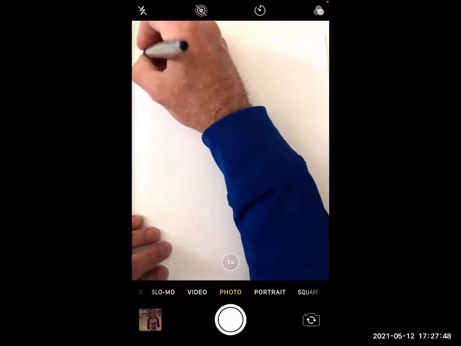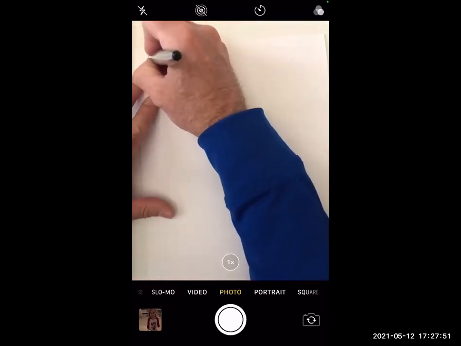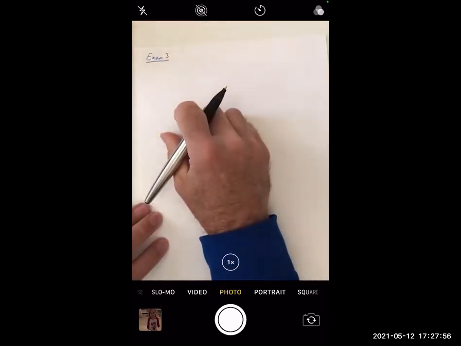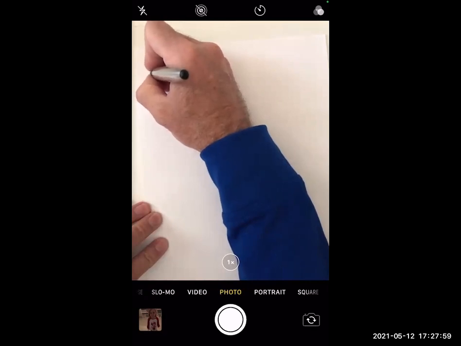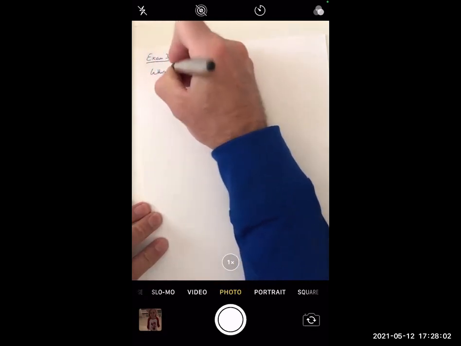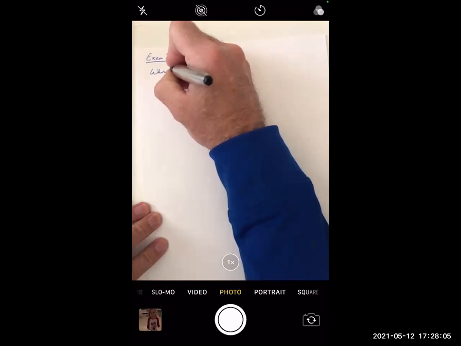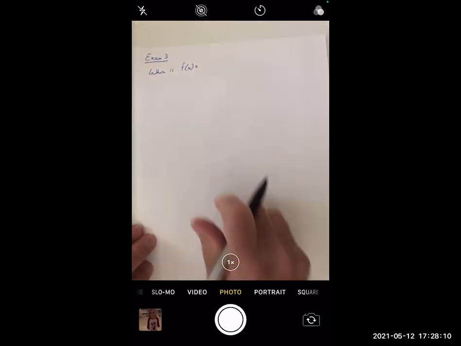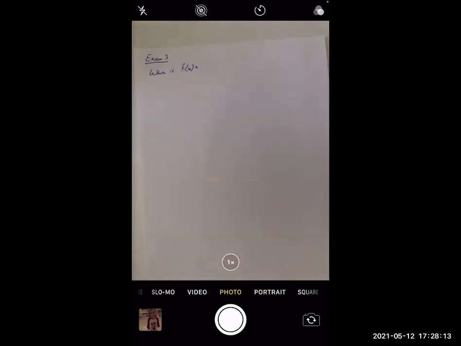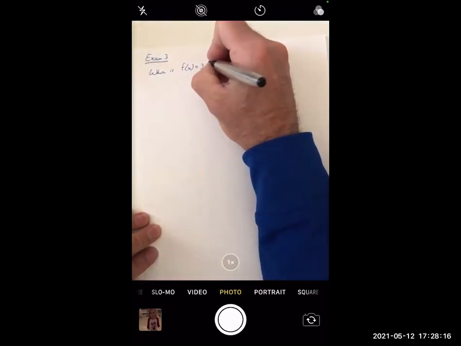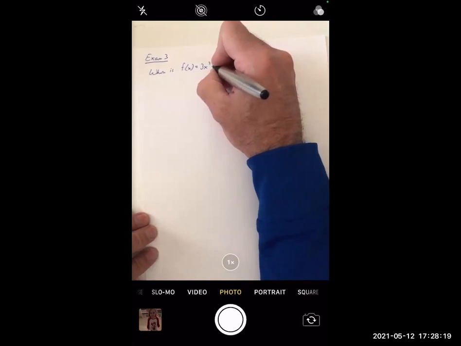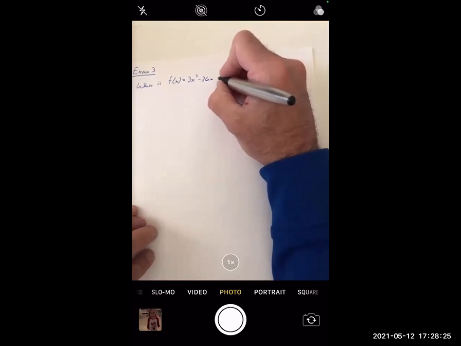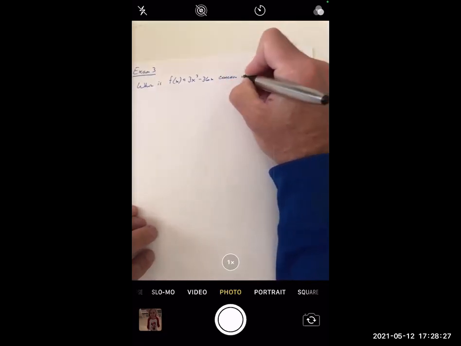All right, let's start with this one. Where is f of x, which is equal to 3x to the third minus 36x, concave up?